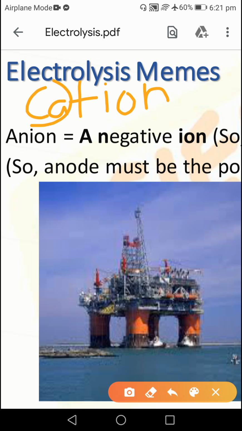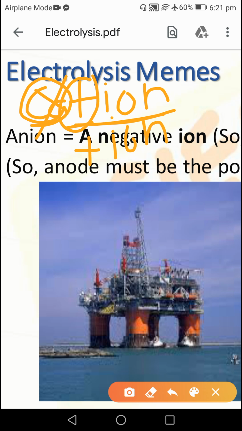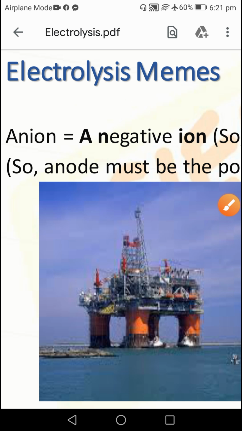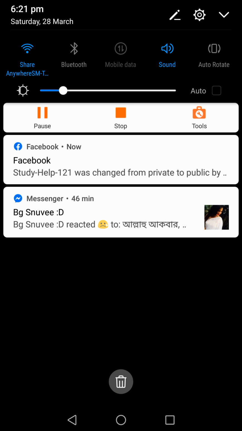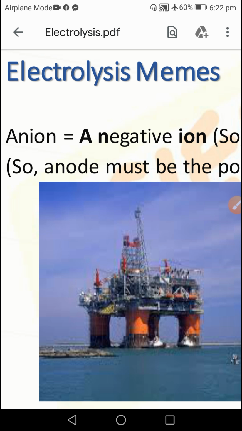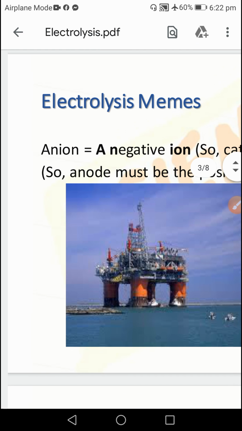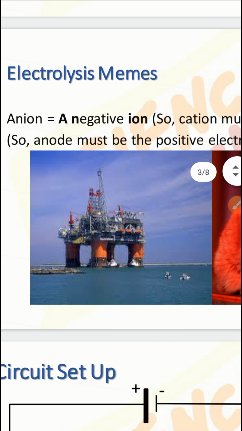This T looks like a plus, so TION means plus ION, which means a positive ion. So cation means a positive ion.